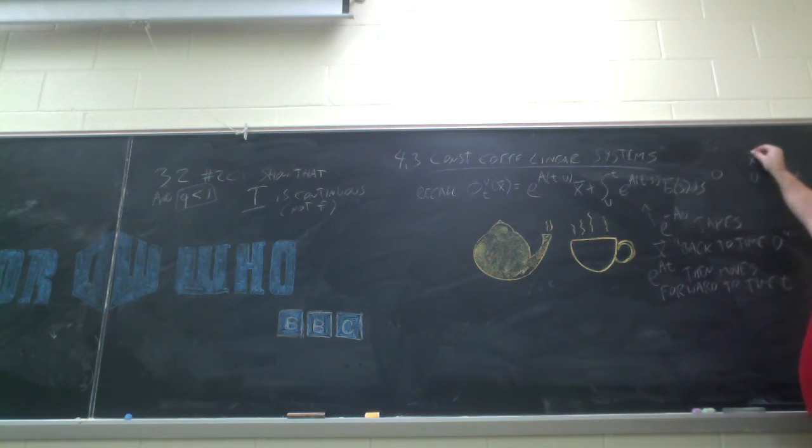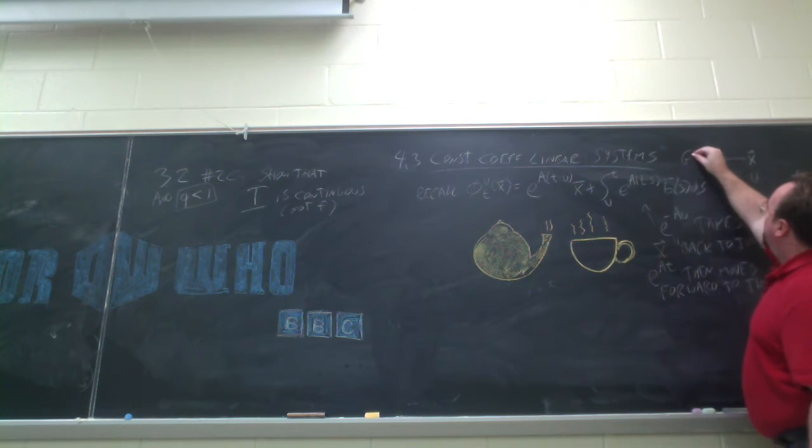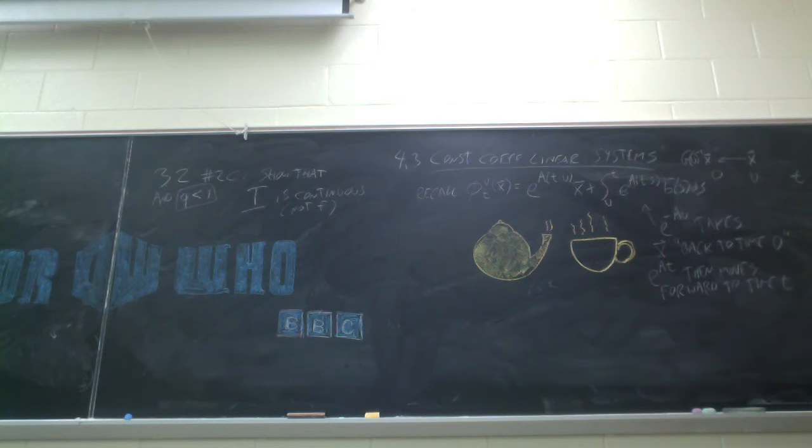So x starts here, and you're going back to here, and really, this applies not just in this constant coefficient linear case. This is actually true of linear systems in general. So what you get here is basically g of u inverse applied to x to get back to time 0, and then you leap forward to time t.